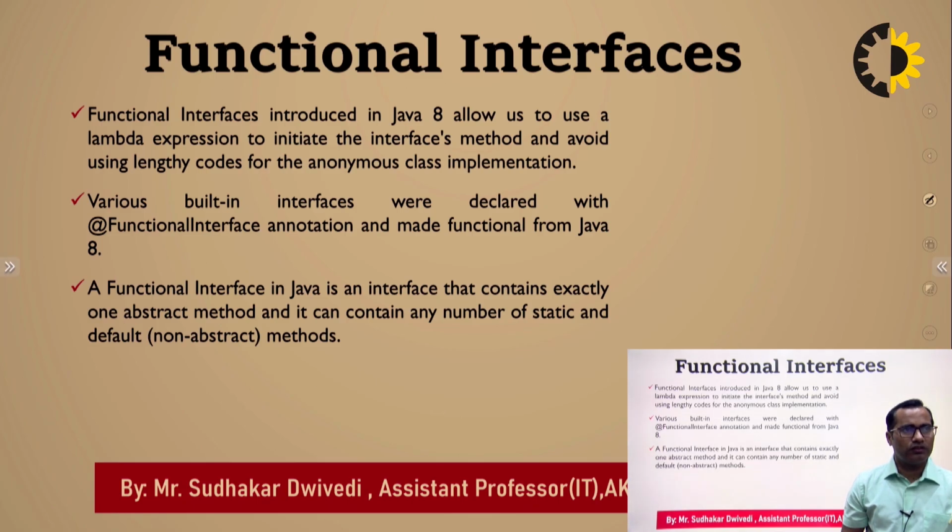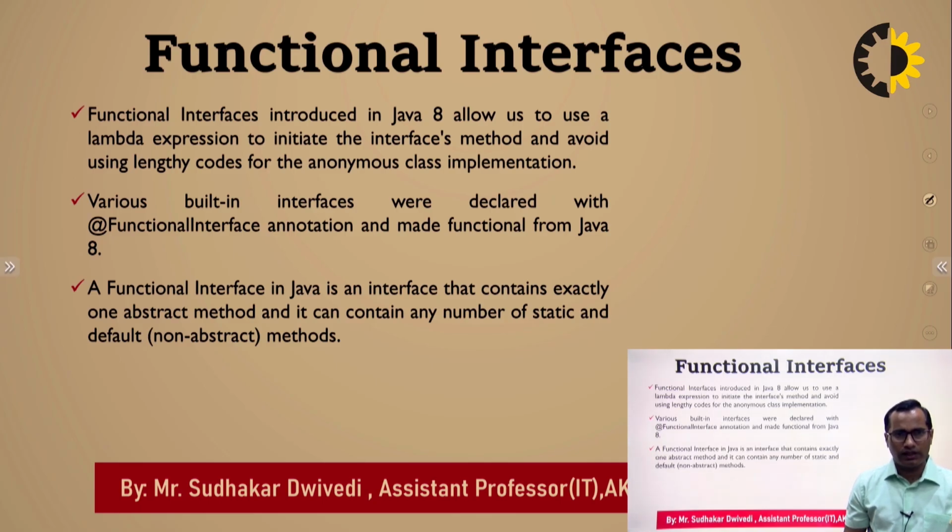So the functional interface was introduced in Java 8, and as I have said, it allows us to use the Lambda expressions to reduce your code. That means the basic purpose of using the functional interface is to provide clear and concise code, and it enables us to use the Lambda expressions.